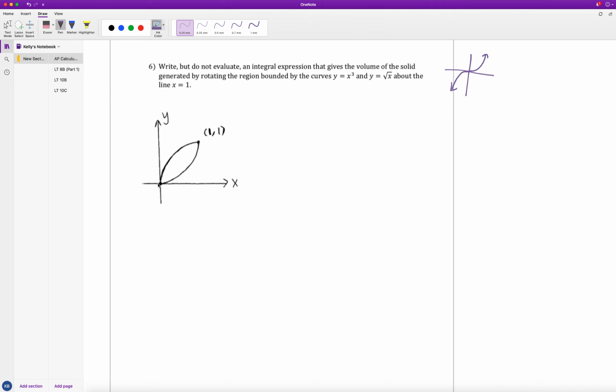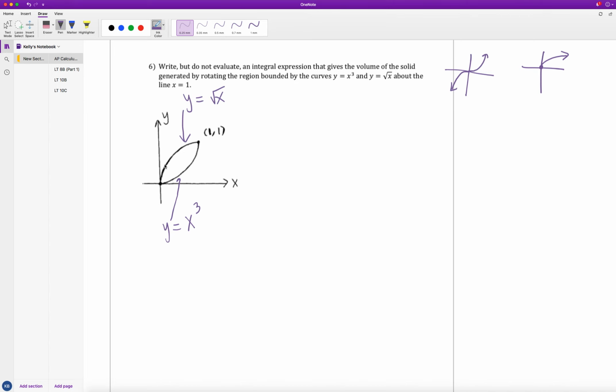So it's going to be the portion that's curving down and then up, starting concave up. So this one over here, if I label it, is going to be y equals x cubed. And if I review what the square root graph looks like, that only takes in positive values, and that curves over time and is actually a concave down graph. So this one right there would be y equals the square root of x.